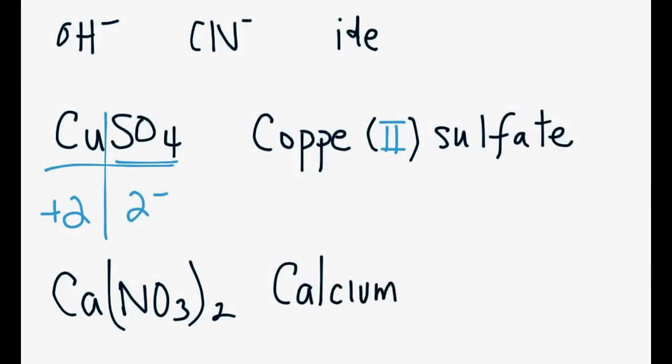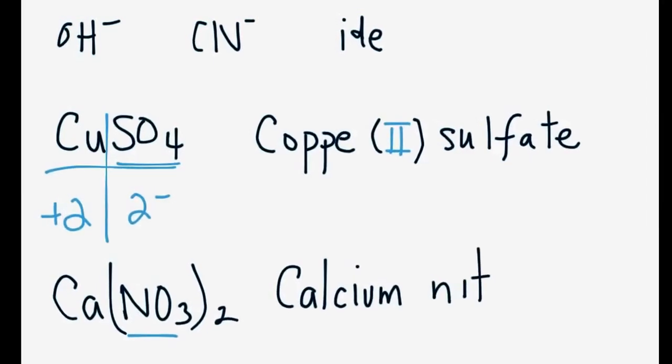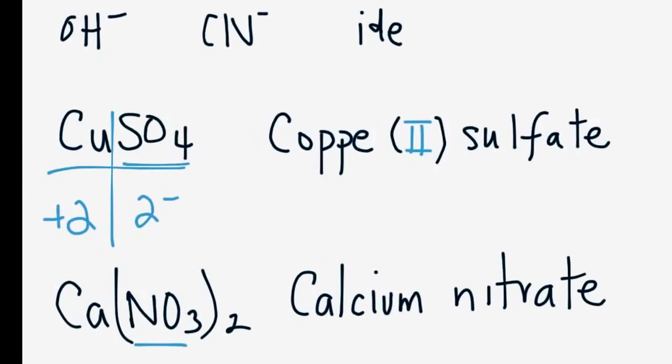Okay, so this metal is calcium. It's not one of our multivalent metals, so we don't need to include Roman numerals. And this ion is nitrate, so this is just calcium nitrate.